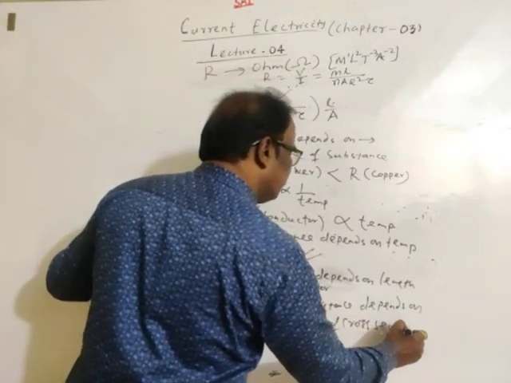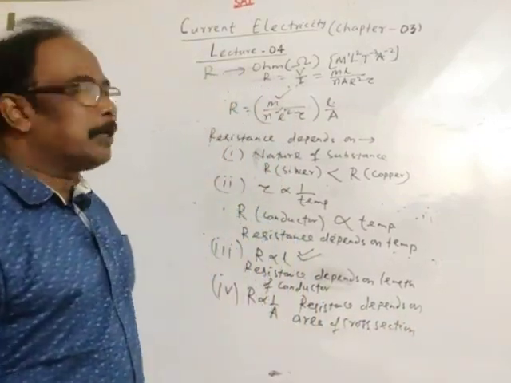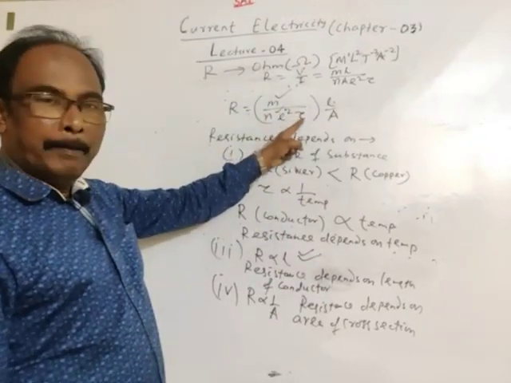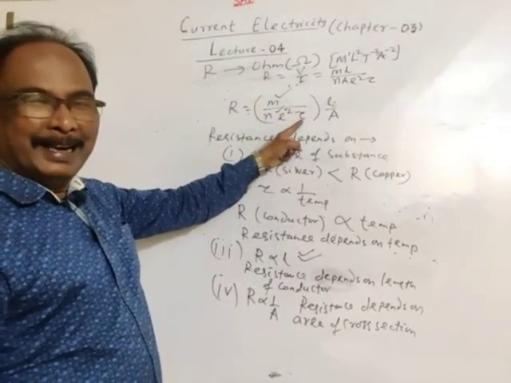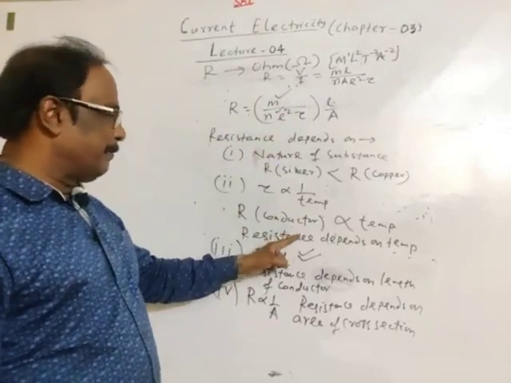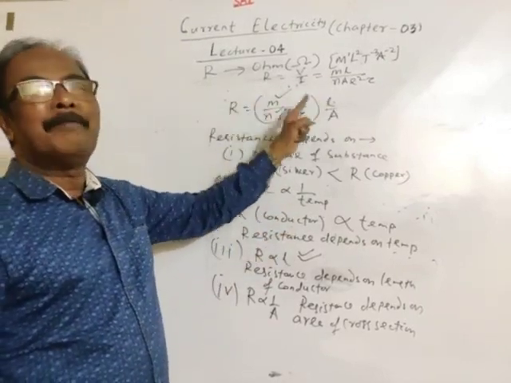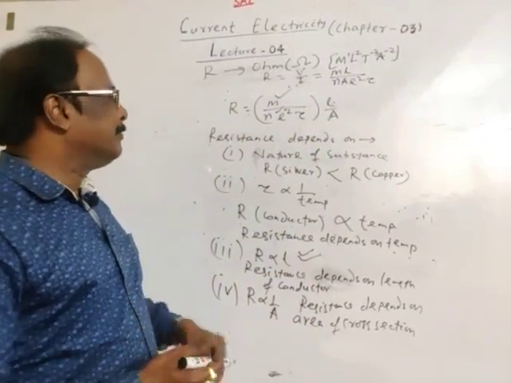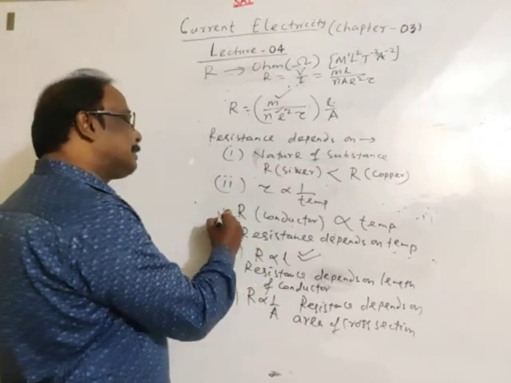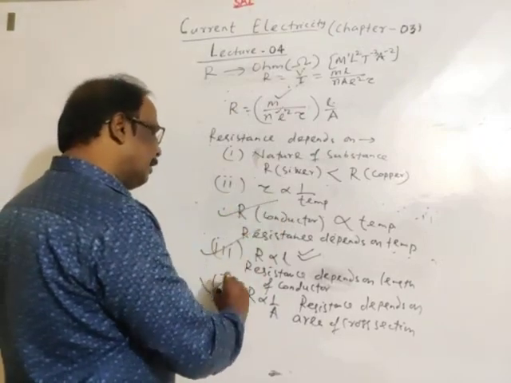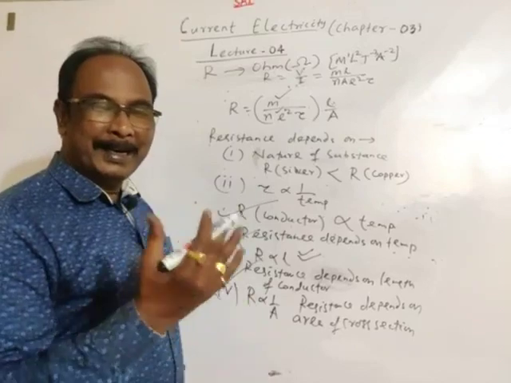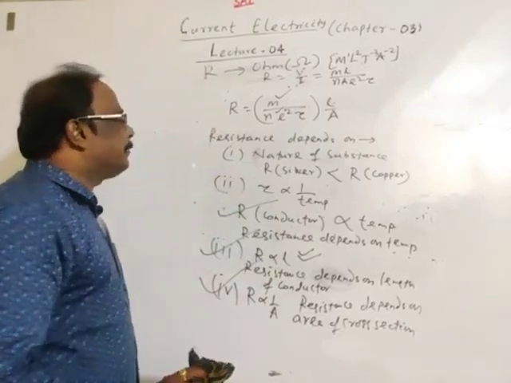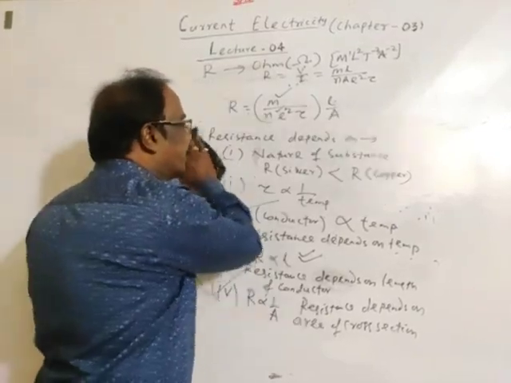These are the four factors on which resistance depends: nature of material, temperature, length, and finally area of cross section of the conductor. We will have numericals on the basis of temperature, length, and area of cross section in the coming lecture.